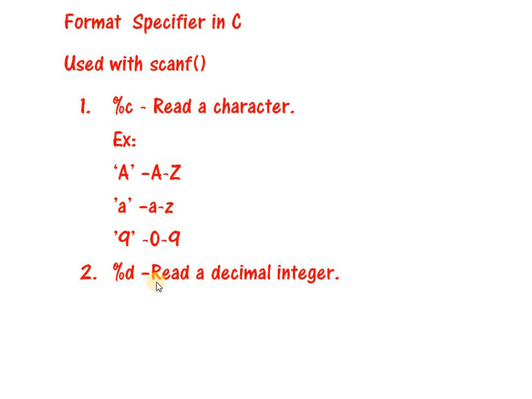Second is %d. Read a decimal integer. Any integer which is built up of 0 to 9. Suppose 1 or 3: 1 lies between 0 to 9 and 3 also lies between 0 to 9.